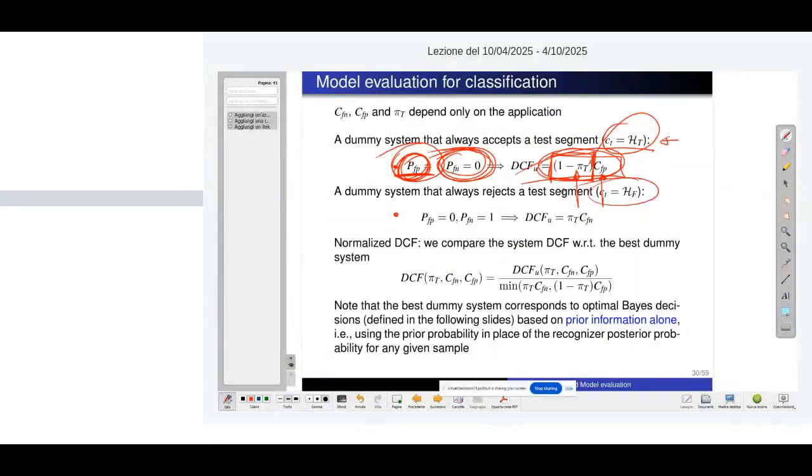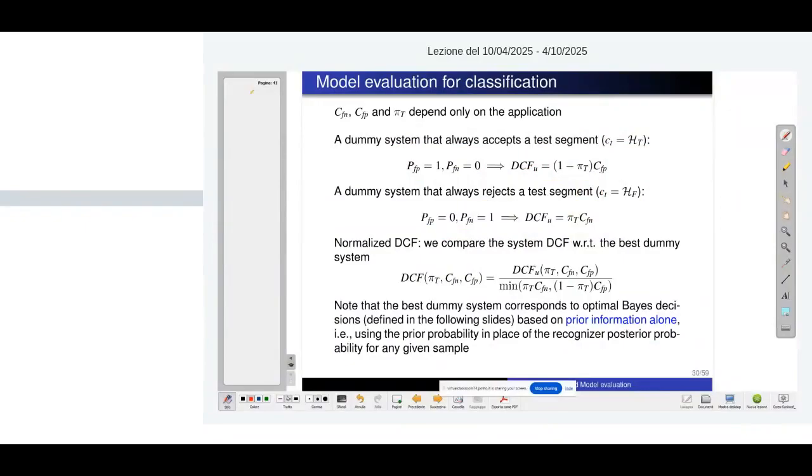Then I can repeat the same with the other possibility. Always predict false. In this case, the two rates change. My cost will be this. If I always predict false, every time I have a true sample, I will make an error of the kind false negative. So this is the cost that I will pay if I use the second system.